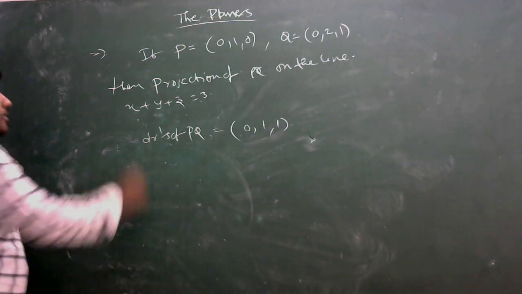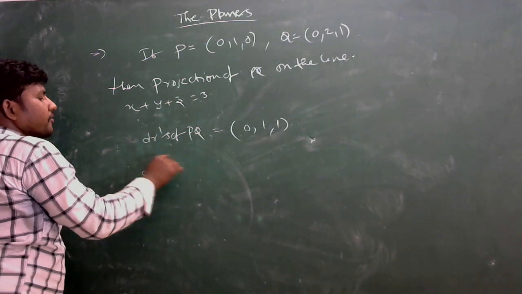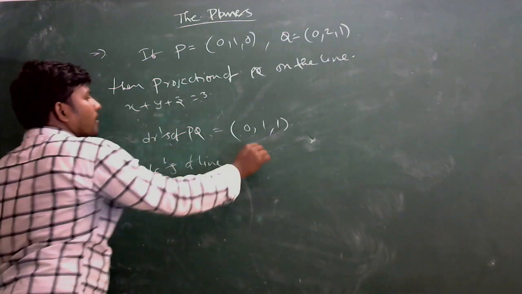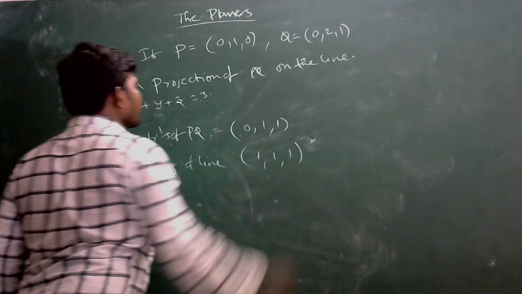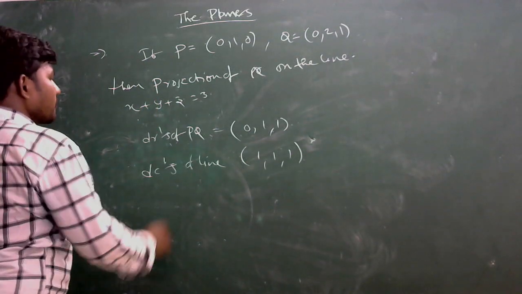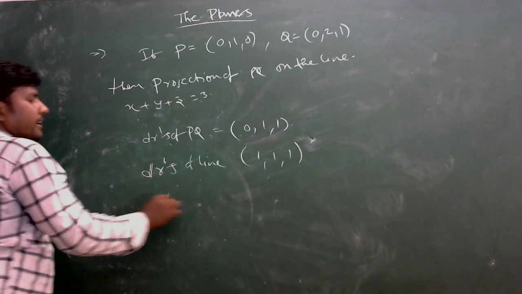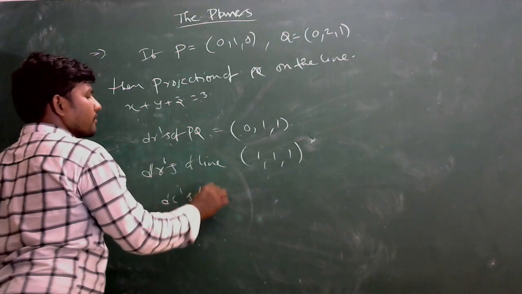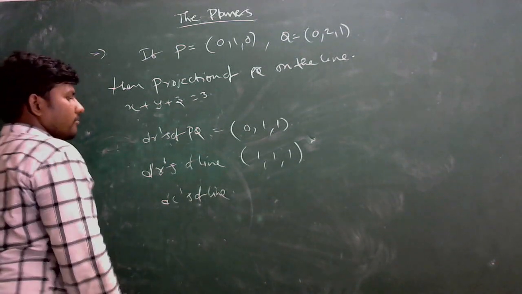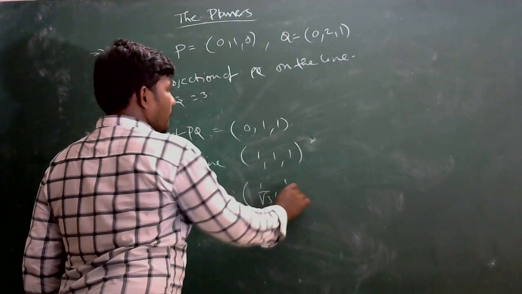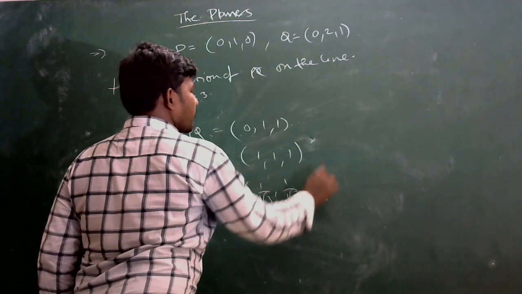And also the DRs of the given line are 1, 1, 1. These give the DCs of the line equal to 1 by root 3, 1 by root 3, 1 by root 3.